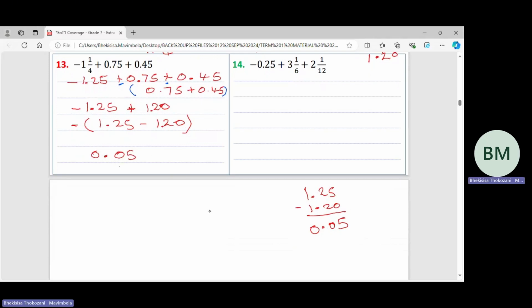If you did this using fractions, your answer was going to be something like this: 1 over 20. Okay, it was going to be 1 over 20. But remember now, if you did fractions, it should be minus, and here it's minus. Why minus? Because of the sign outside here. I hope that makes sense.